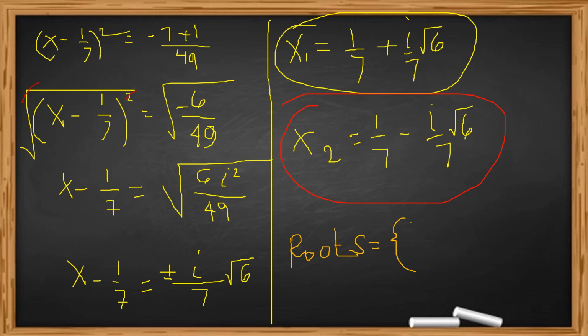So, first, 1 over 7 plus or minus i over 7 square root of 6. So, this is our answer.